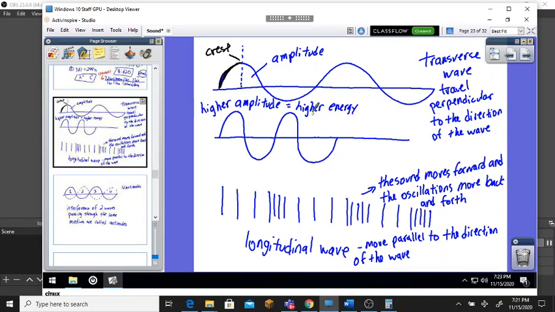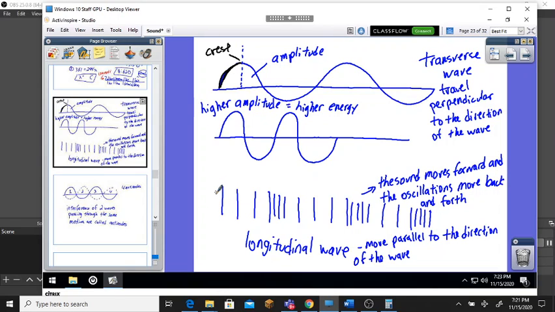more energy, okay? So these are called transverse waves. And they're perpendicular to the direction of the wave. These are called longitudinal waves. And here it shows you how the sound waves travel. So let's pretend that these are like molecules.